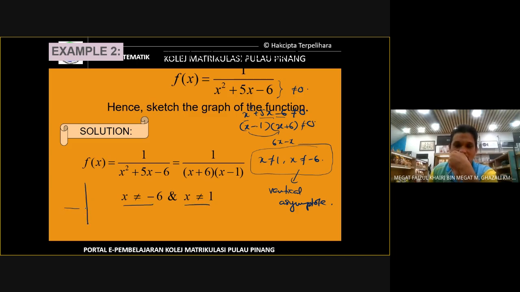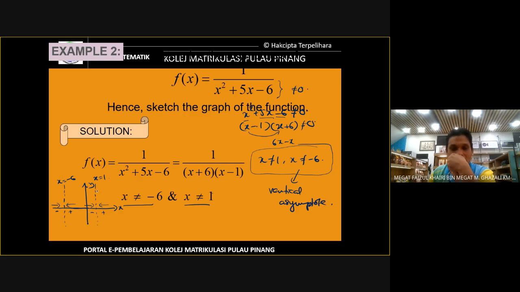So something like this: when there's a graph with x and y axes here, x equal to -6 and x equal to 1. The graph will be something like this. When x approaches -6 from the left, and approaches -6 from the right, approaches 1 from the left, approaches 1 from the right, we are going to find whether the behavior of the graph is moving up or moving down.